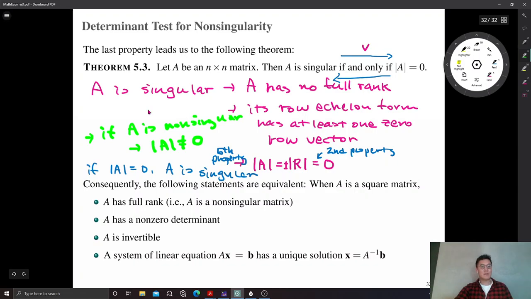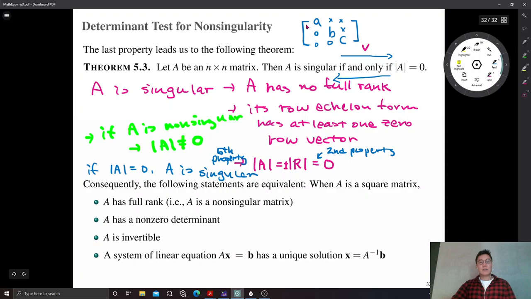So non-singularity implies full rank, right? A has full rank. That means its row echelon form has no zero row vector. So in the case of a 3 by 3, if the row echelon form has no zero row vector, then it looks like this: A, B, C, 0, 0, 0, and some entries.